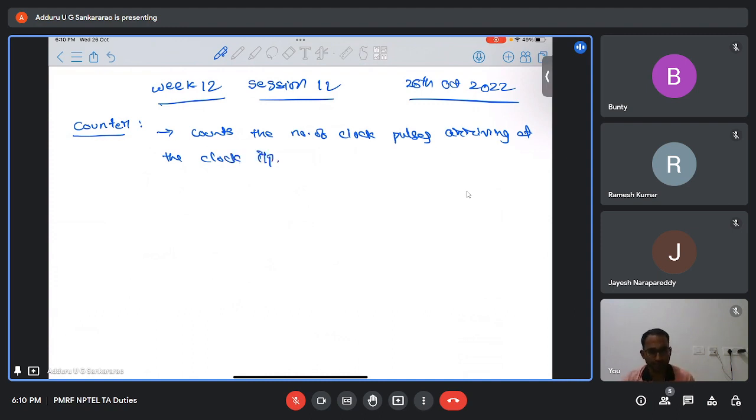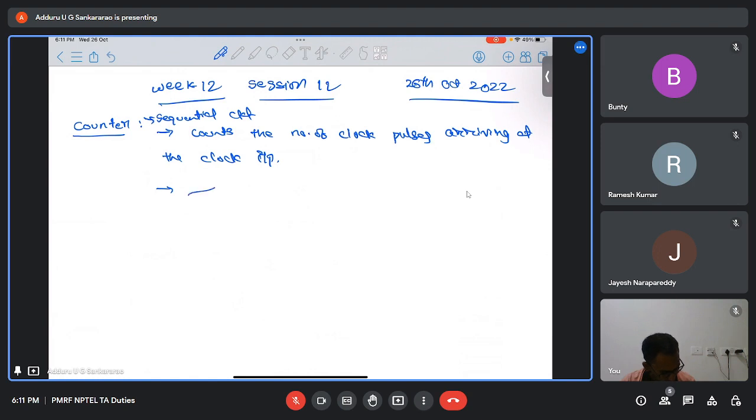Basically, a counter is a sequential circuit, which counts the number of clock pulses arriving at the clock input. Let me talk about the different counters.